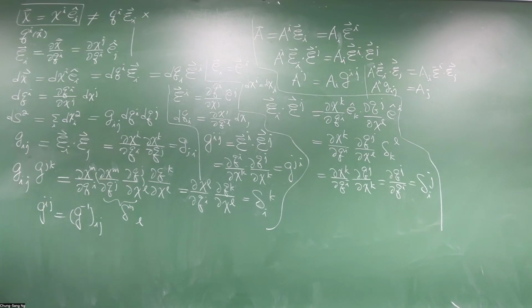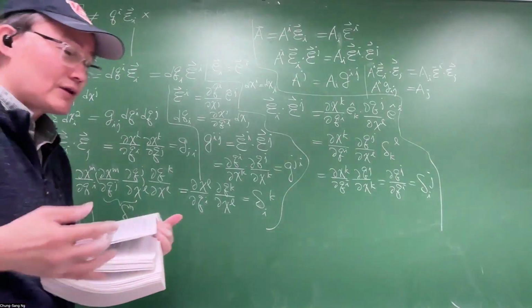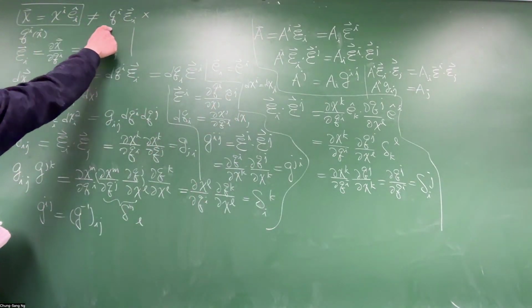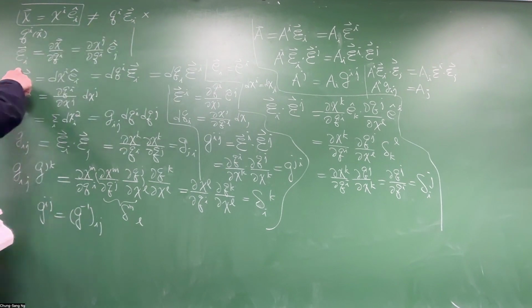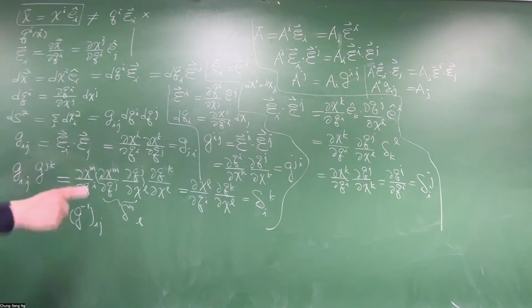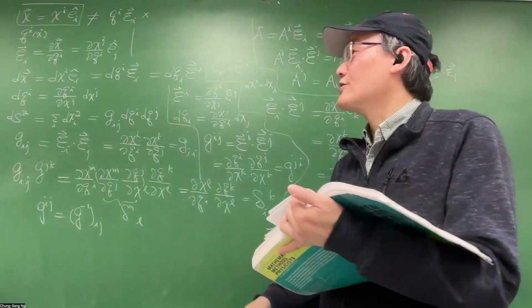But after you transform to general coordinates, these q superscript 1 to 3, your choice of coordinates, generally you cannot write it like that. You cannot write the coordinate times the basis vector in here to express x. I think I graphically explained that to you last time.